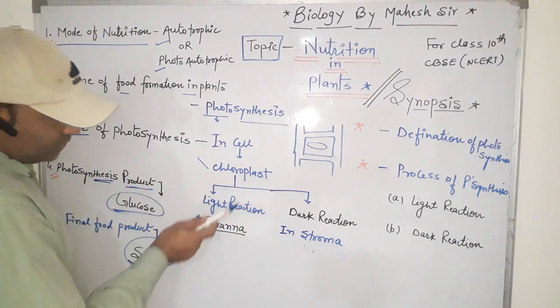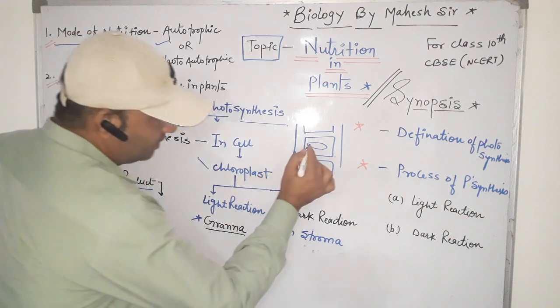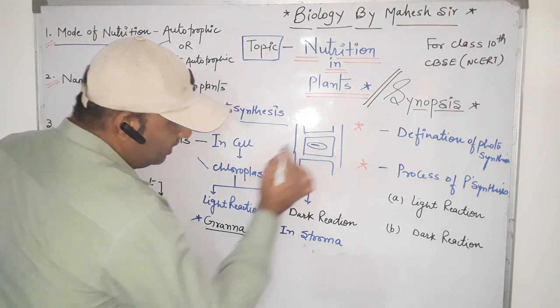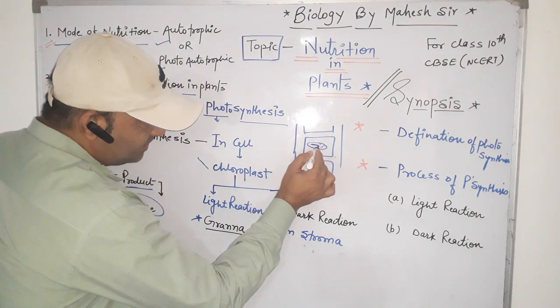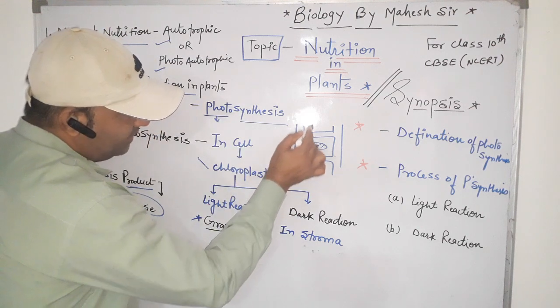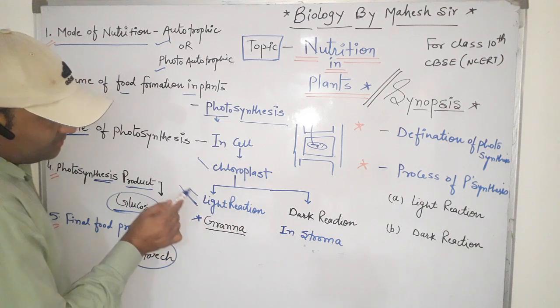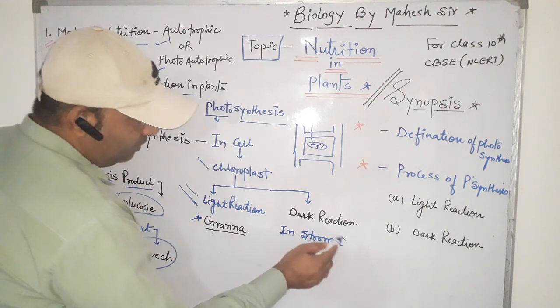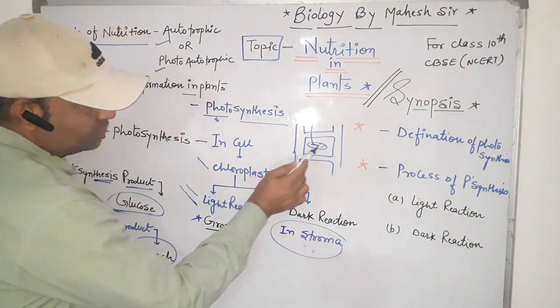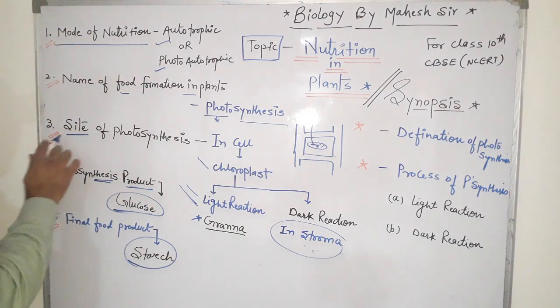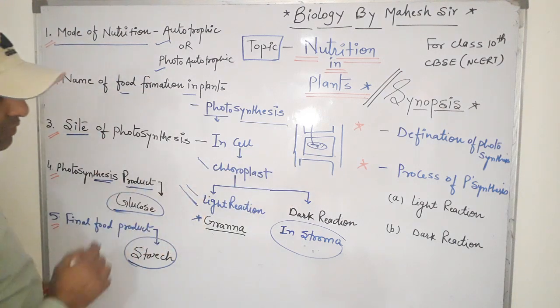Now the two parts of the chloroplast: first is the grana. The stack-like structure is called grana, and the liquid matrix is called stroma. The area of grana is used for the light reaction, and then the stroma is used for the dark reaction. So the site of photosynthesis is important for a 1 mark question.